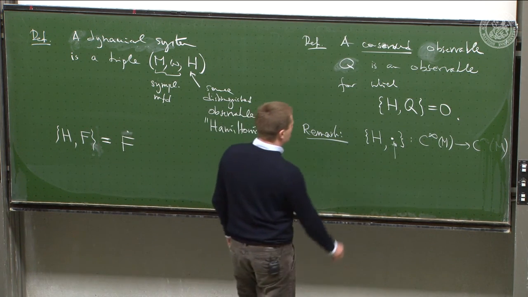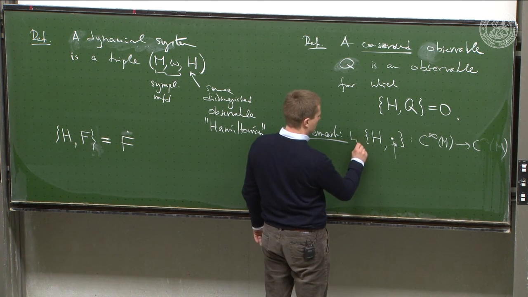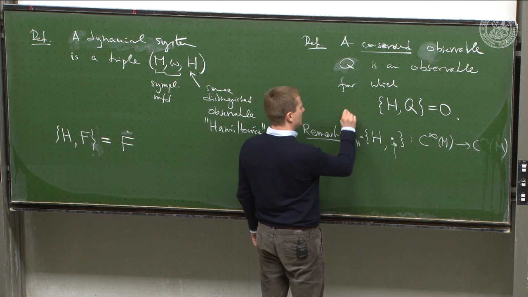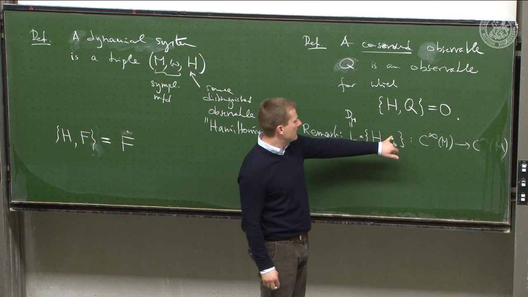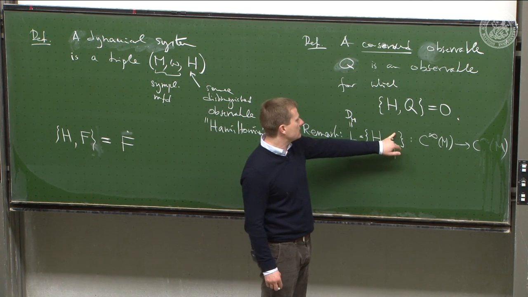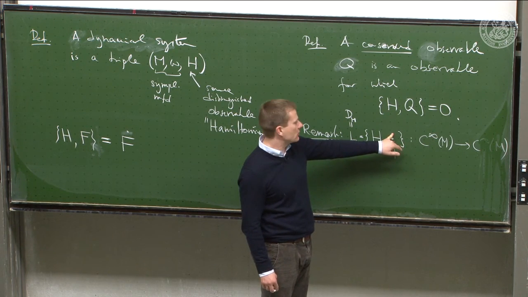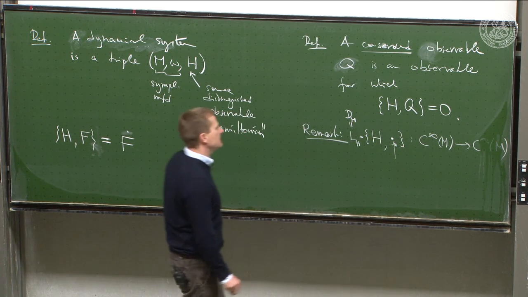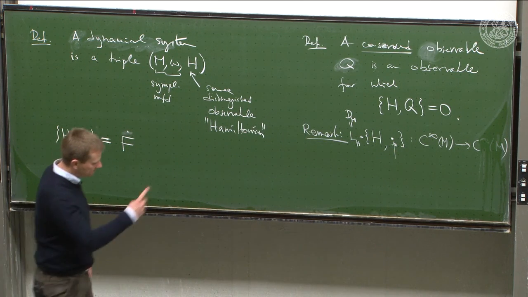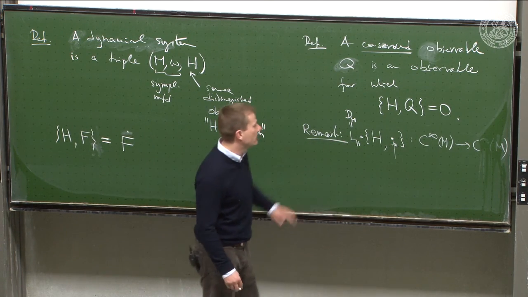Now, this is sometimes in classical mechanics called L sub H, like the Liouville operator, or D sub H, that reminds you more of a derivative, because it's precisely this. If you put in here a product, which you can do, then it will satisfy the Leibniz rule, the product rule for this product. Why? Well, because the Poisson bracket ultimately also satisfies the, we just said, the Jacobi identity.